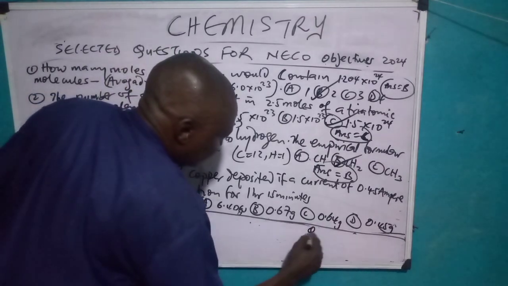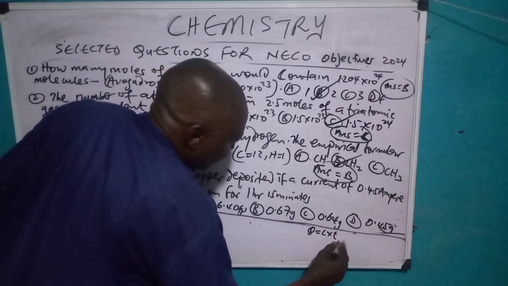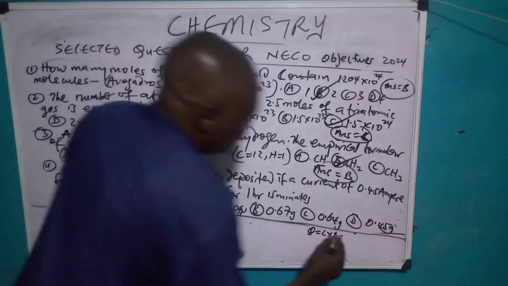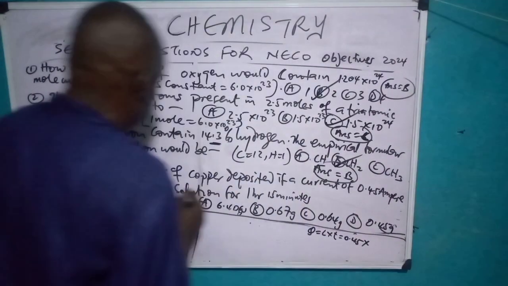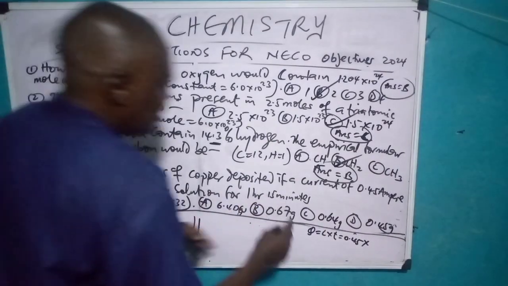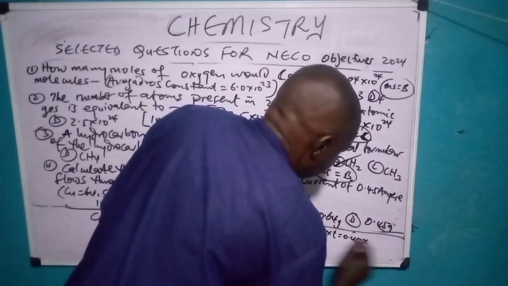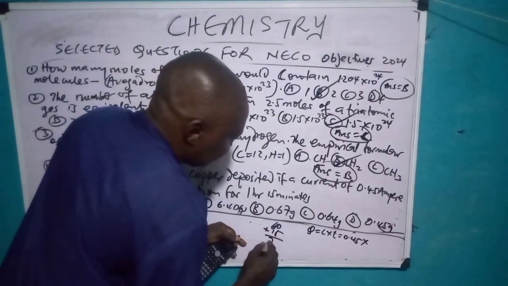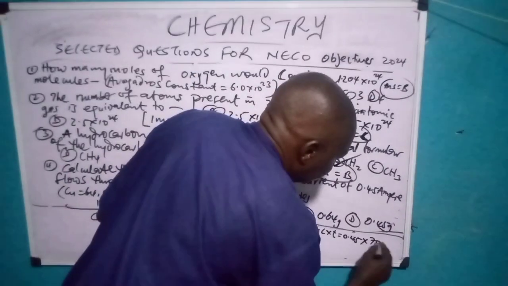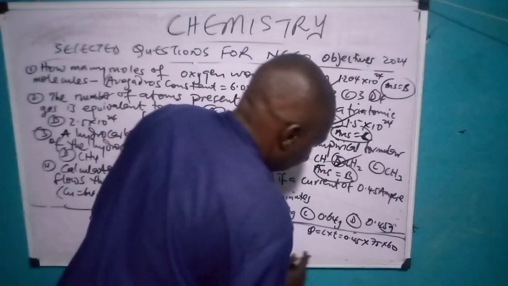Now we have Q, which is the quantity of electricity. Q equals current times time, and current is 0.45, times time, which is 1 hour 15 minutes. 1 hour is 60, 60 plus 15 making 75, times 60 again.